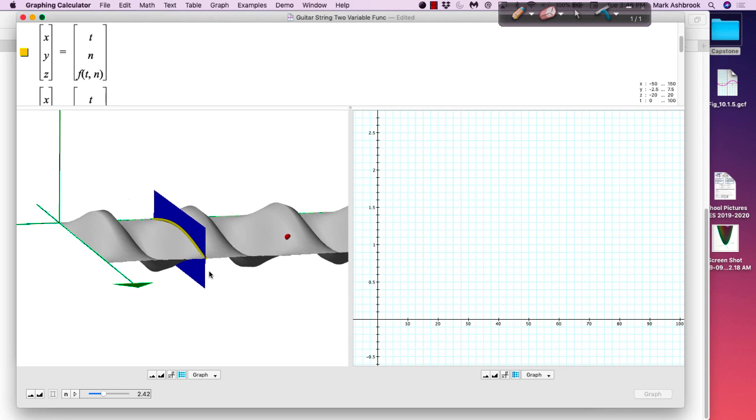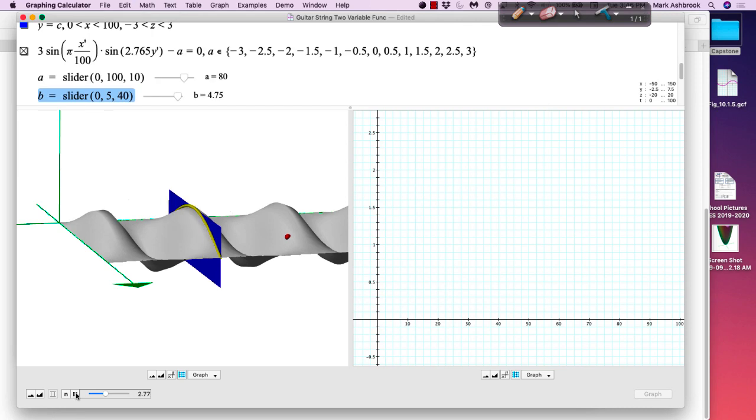So that gold intersection is the guitar string. Now I can let time fluctuate. And what will you see? Now that this is time going by, this is an exaggerated and way slowed down version of the guitar string vibrating. See that?